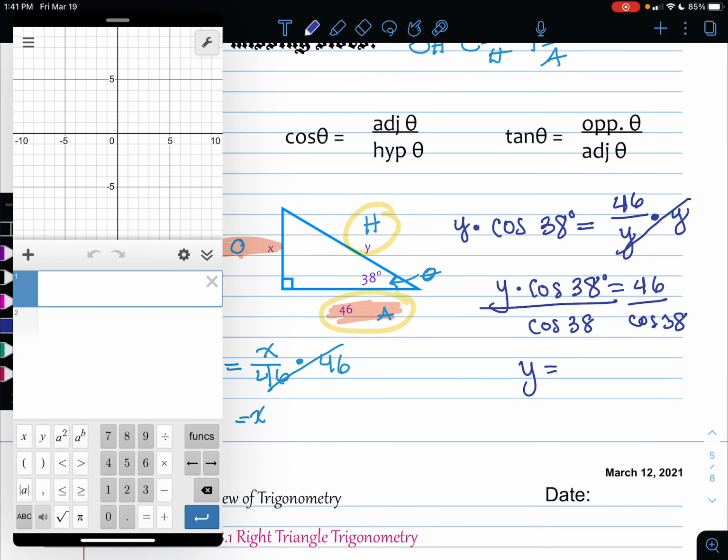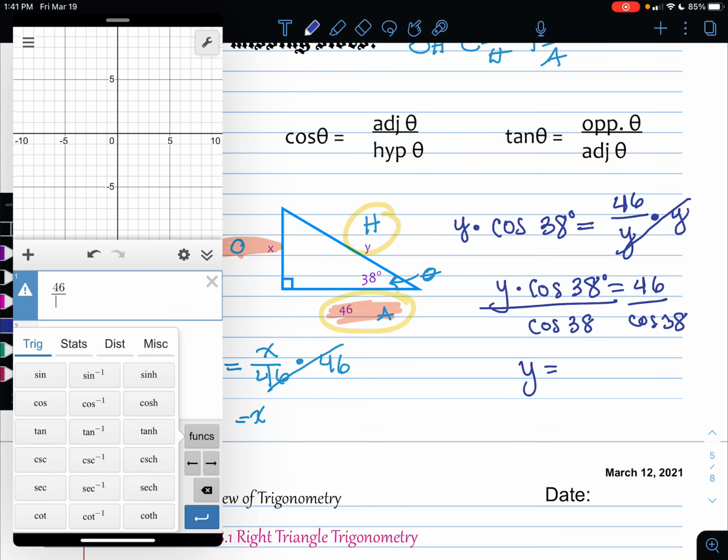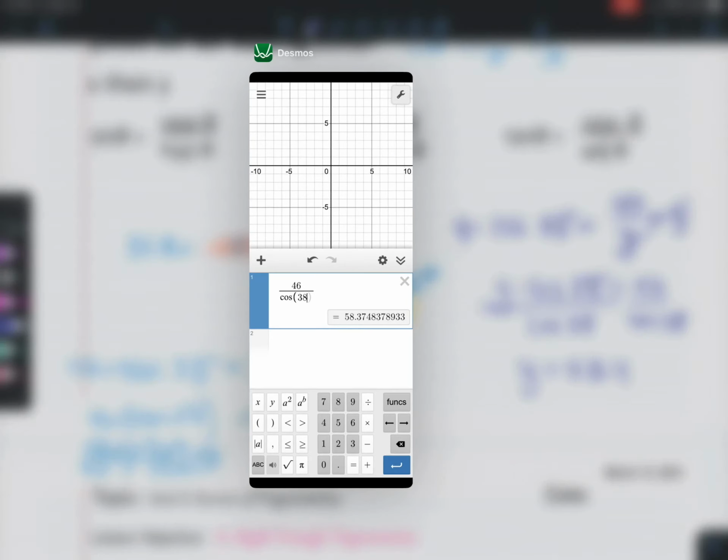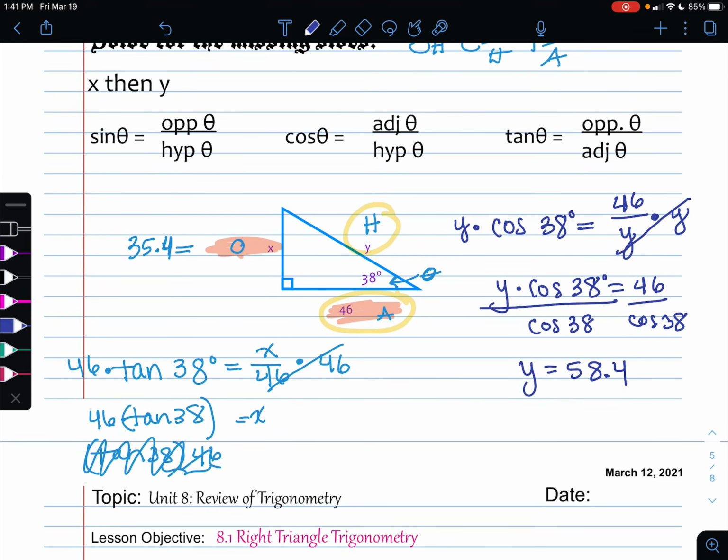Make sure that I'm still in degrees. I'm going to take 46 and divide by the cosine, oops, not the secant, but the cosine of 38. And I got y equals 58.4. All right, so that's solving for one using tangent and cosine. Sine would be similar.